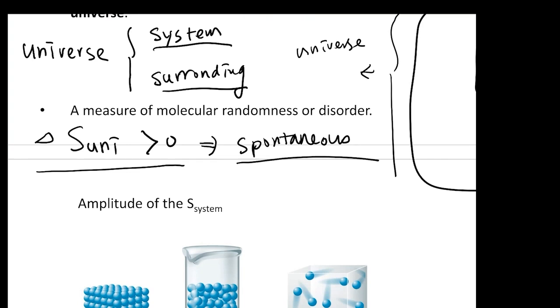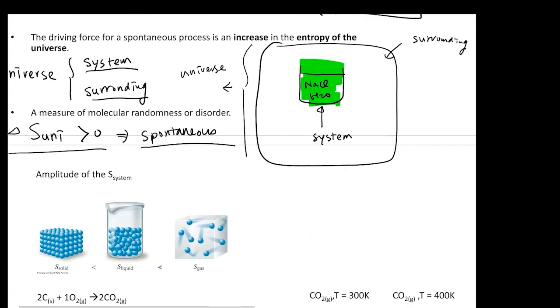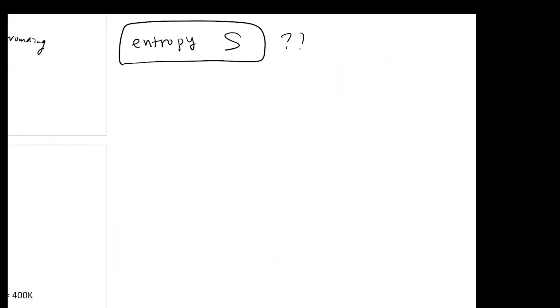Before we move on, one thing I want to mention is, what is entropy? If you look at your textbook, you will see entropy is probably defined as the randomness of your system. So what is randomness? Why does nature like to have larger randomness?